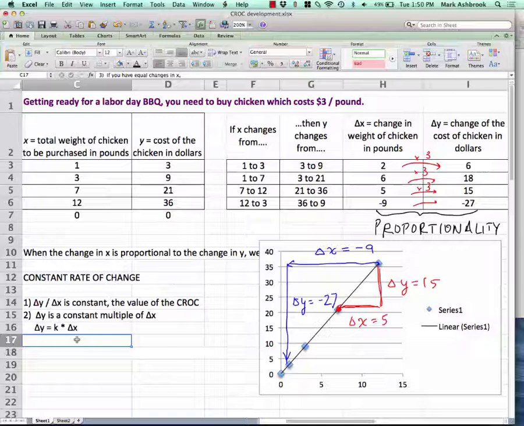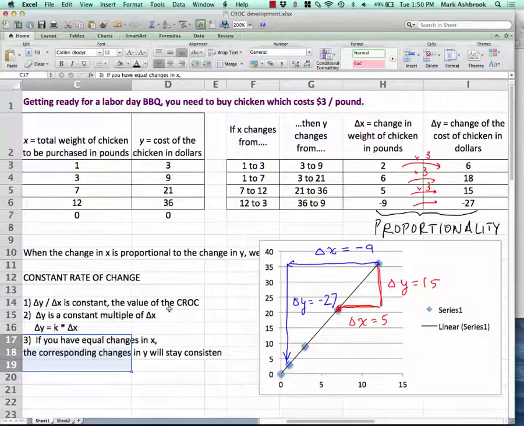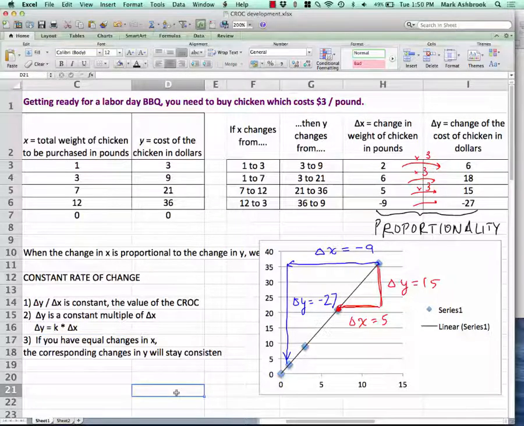Still 30. So this is this third thing, and it says that if you have equal changes in x, the corresponding change in y will stay consistent. If you have equal changes in x applied in different places in your change in quantity, it doesn't matter where you take that change in x, you're going to get the same change in y.